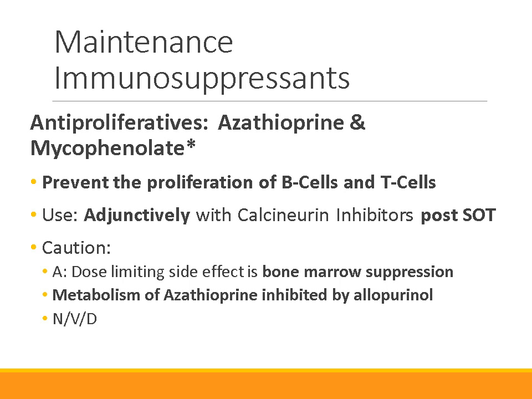So both azathioprine and mycophenolate prevent the proliferation of both B cells and T cells. The reason I have mycophenolate starred up here with an asterisk is that mycophenolate has largely replaced azathioprine because it's got better safety and efficacy.